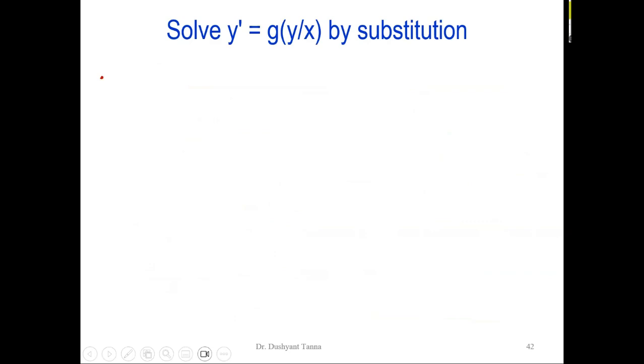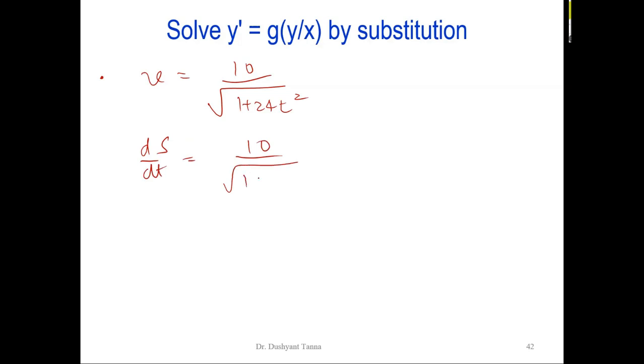So here we will do integration. Let me write it. What we got, v is equal to 10 divided by the square root of 1 plus 24 t squared. How far? We are finding the displacement. So you have ds by dt is equal to 10 over the square root of 1 plus 24 t squared.